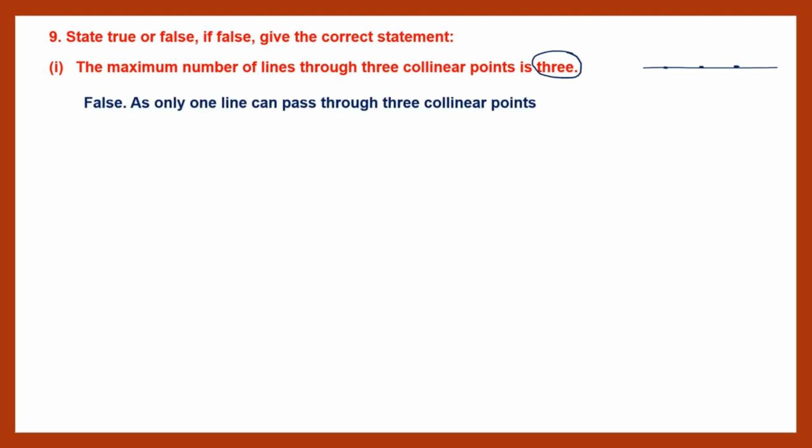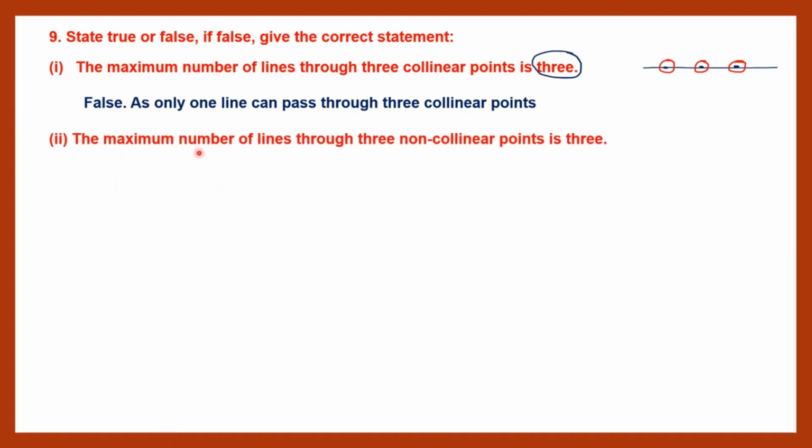So these are the collinear points. Three or more points which lie on the same straight line are called collinear points, and you can only draw one line through them. Next statement. The maximum number of lines through 3 non-collinear points is 3. These are collinear points because they're lying on the same straight line. So what are non-collinear points?